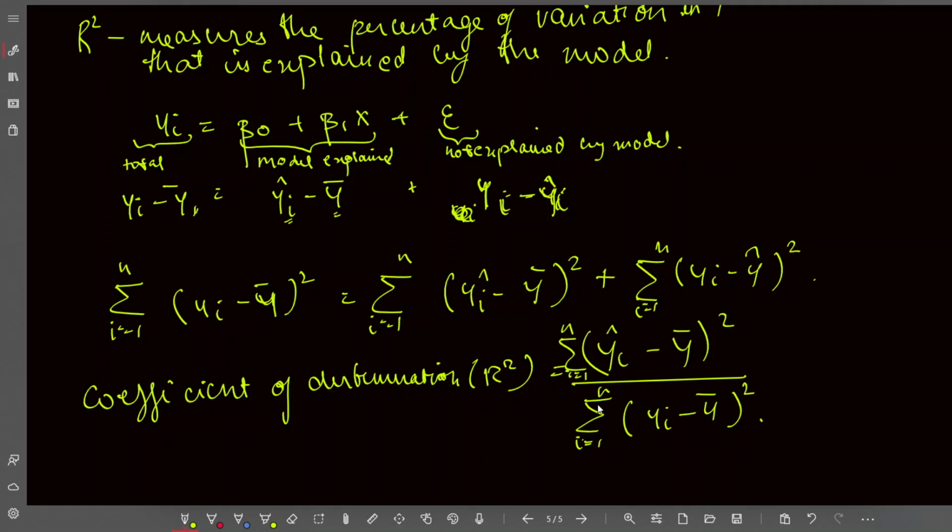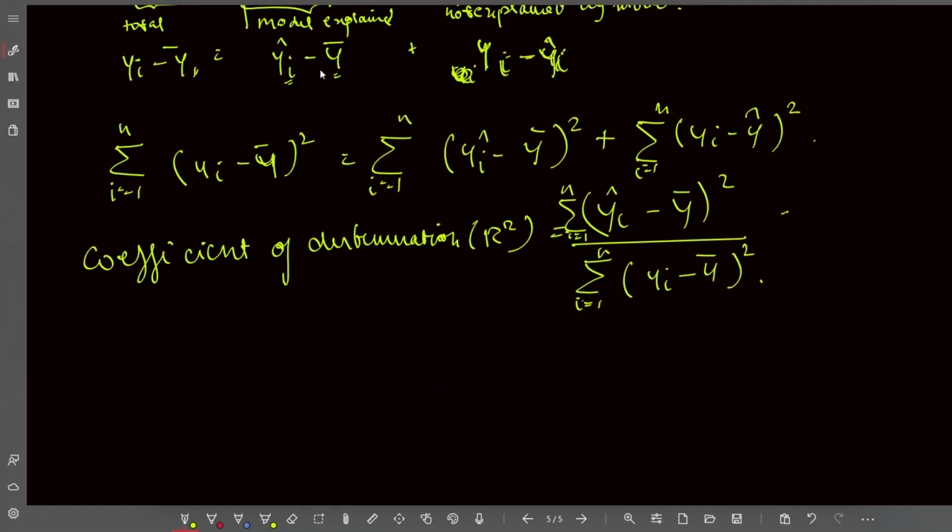So this is what the coefficient of determination is. It explains the percentage of variation that is explained by the model. This is my variation of my model, and this is my total variation. So how much of that total variation was explained by a model? And the higher this value, the better it is, meaning that my model can explain the variation in the data set to a very large extent. If this is less, then it's bad.